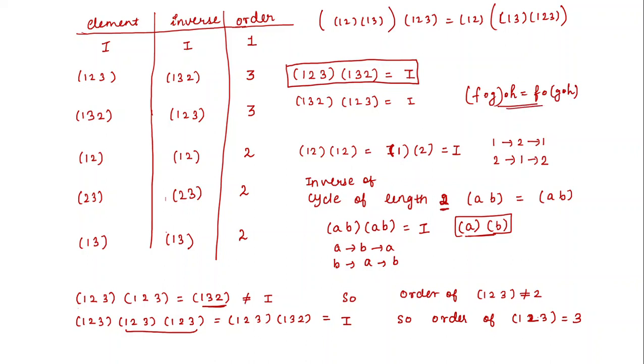So for obvious reasons function composition will be associative on the set, and therefore associativity holds true. So all four properties are holding true. S3 forms a group. These are the inverses of each and every element of S3, and these are the orders.